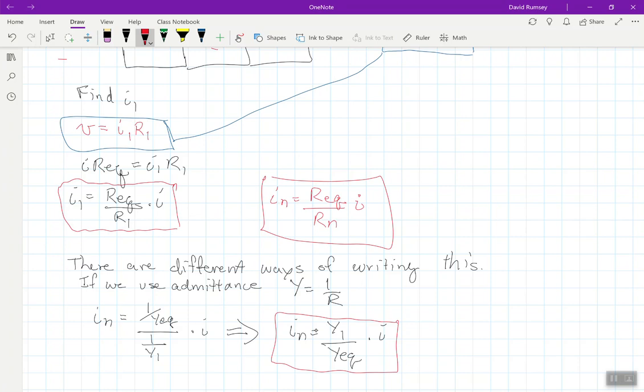So In is not Y1, it would be Yn. It's in the same form as the voltage division.